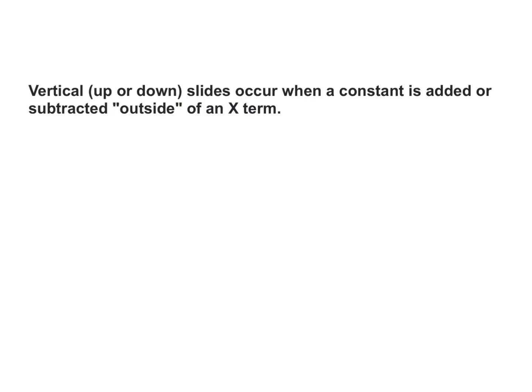Now, when we talk about a vertical translation, a vertical slide, an up or down slide, the constant, some number, is added or subtracted outside of the x term. What I'm trying to say here, based off of what we did on the other slide, is that outside affects the y.